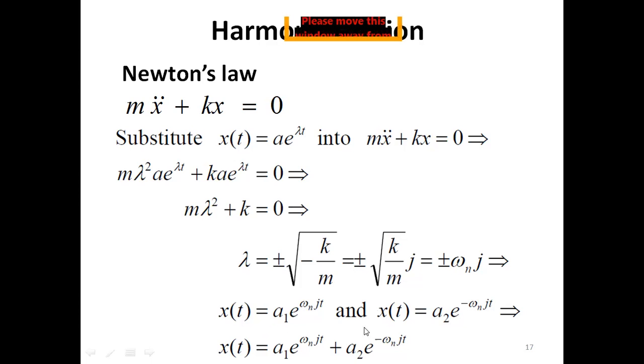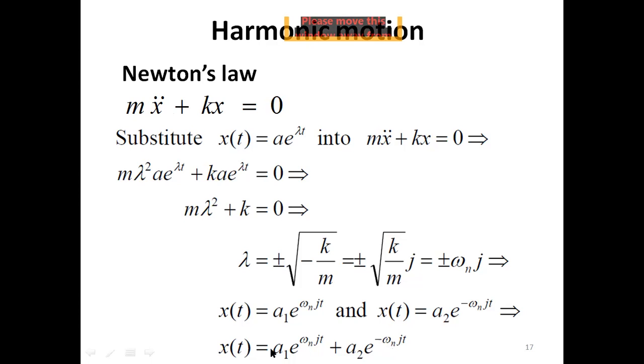Both are solutions, so the sum of these two would also be a solution. So x of t is equal to a1 exponential omega n j t plus a2 exponential minus omega n j t would also be the response of this differential equation.